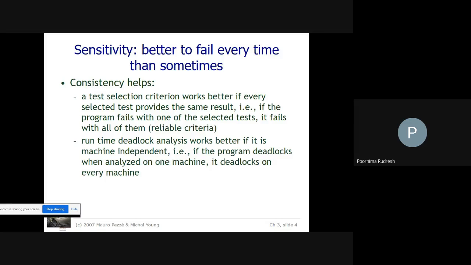To detect the deadlock, first we have to run the program on different system configurations or different system environments. Then we have to analyze whether the deadlock will occur or not. If the deadlock occurs, we have to consider how to solve that deadlock situation. Okay, so this is about the sensitivity.